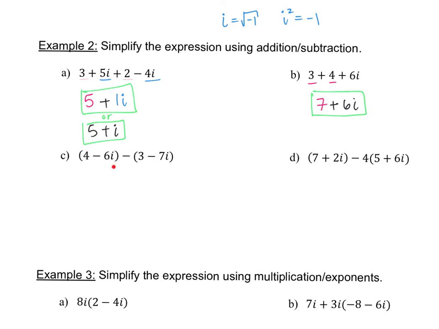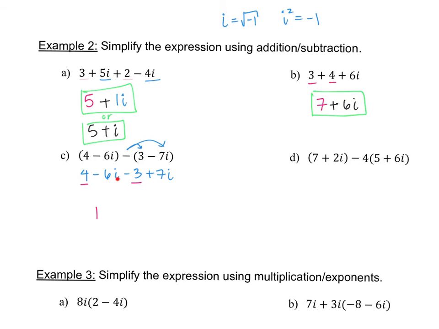Now with this one here, it gets a little bit tricky because I have a minus sign, and this is kind of like in parentheses. So I do need to distribute this negative sign in. This one doesn't have anything in front, so I can bring down 4 minus 6i because there's nothing to distribute. But if I distribute the negative sign, I get -3 plus positive 7i. If I combine like terms, I can combine the 4 and the -3 to give me 1.